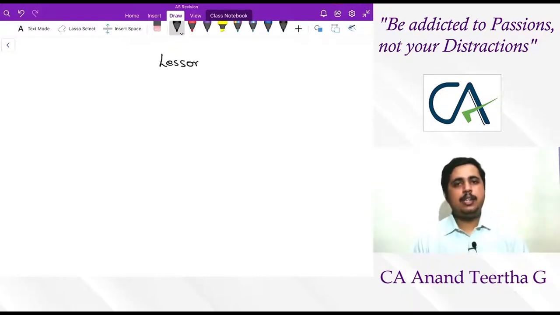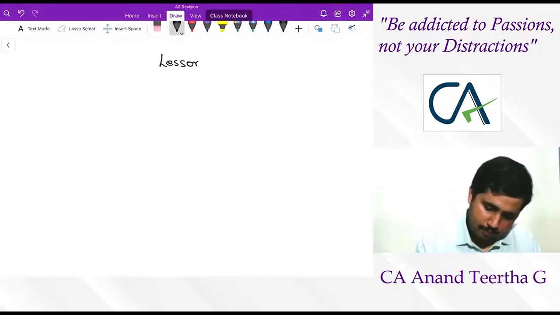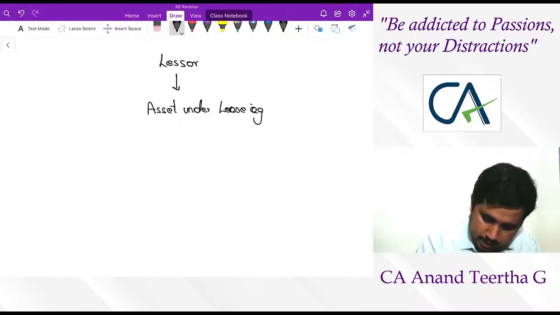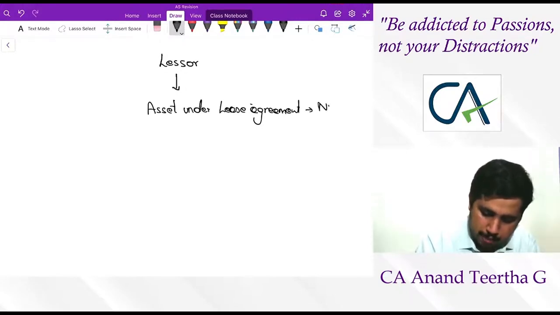The next one, what happens in lessor books? From the lessor books point of view, what are they supposed to do? From the lessor point of view, the asset under lease agreement is not recorded, because it is already recorded in lessee books. So it will not be recorded over here. Correct?